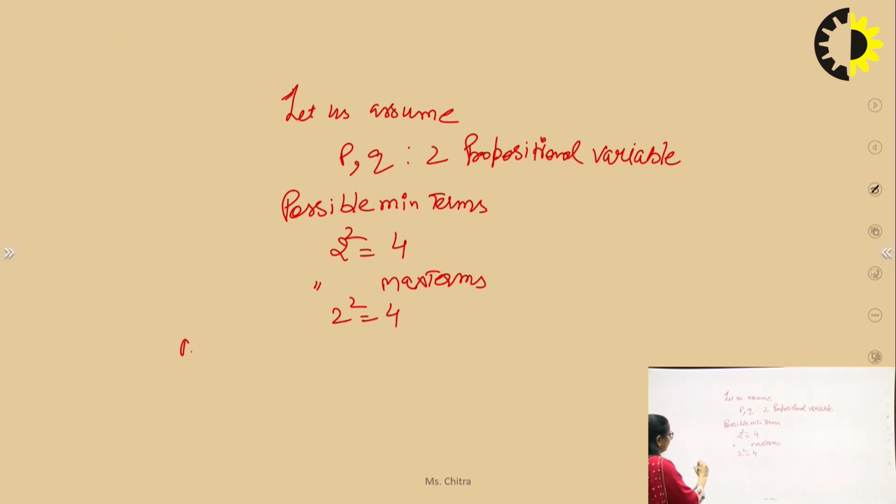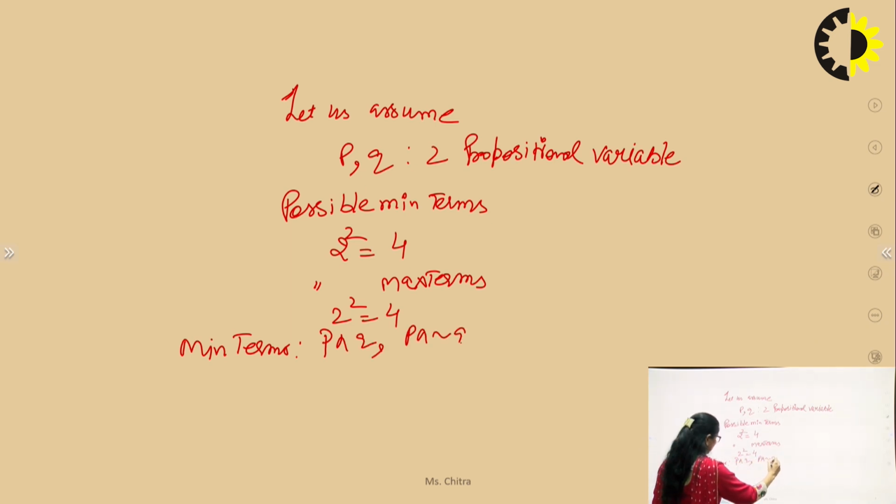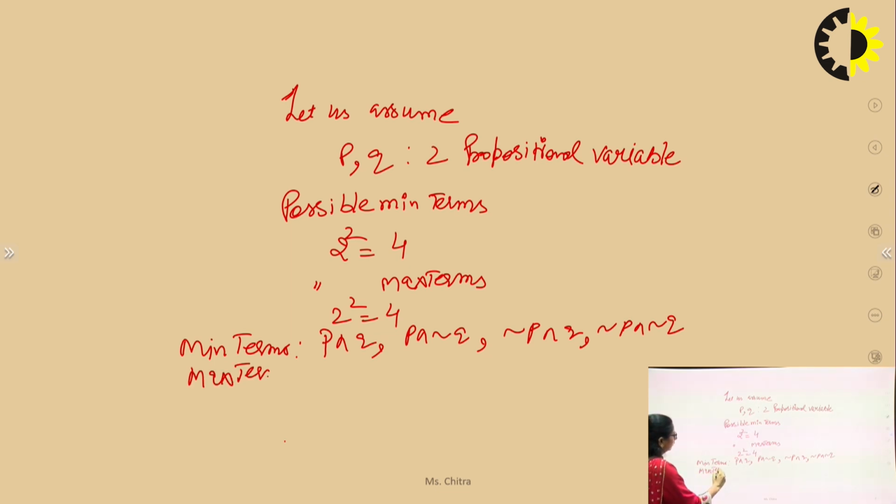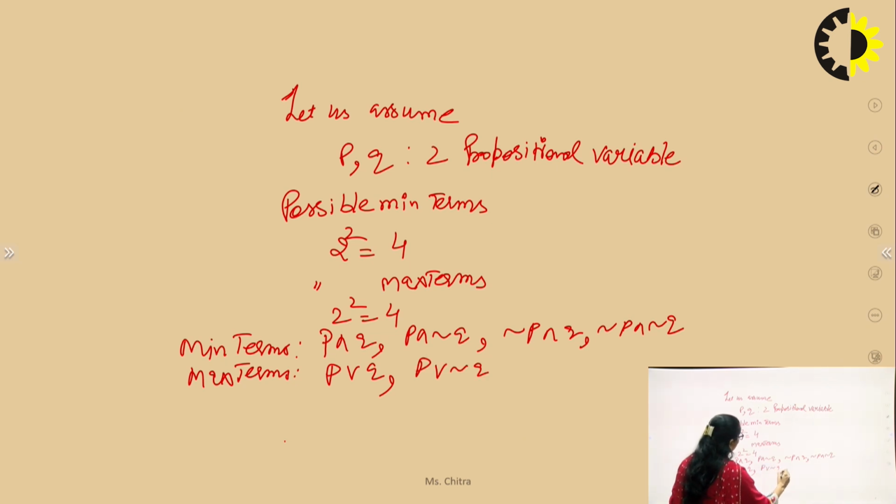In the case of minterms, we have P and Q, so the possible minterms will be P and Q, P and negation of Q, negation of P and Q, and both the variables in negation. These are the possible combinations. Now the max terms: P or Q, P or negation of Q, negation of P or Q, or negation of P or negation of Q. These are the possible max terms.